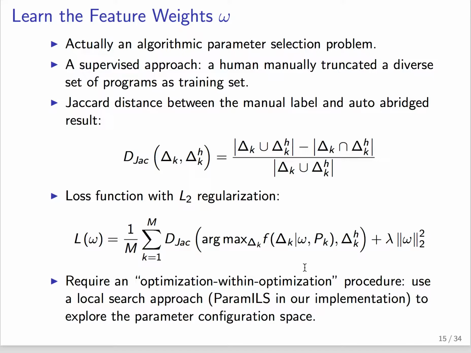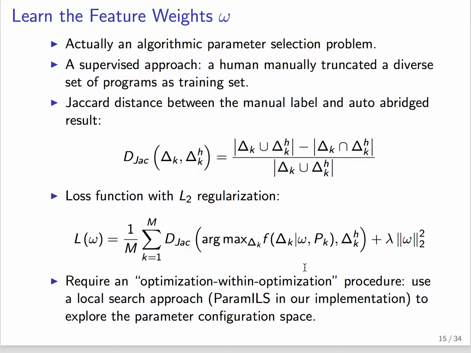Then we use the Jaccard distance between the manual label and the automatic abridgment generated by our formalization. Then we add the L2 regularization term to prevent overfitting. With this definition, we have our loss function and the training set, and naturally we can find the best parameters to fit the training set best.